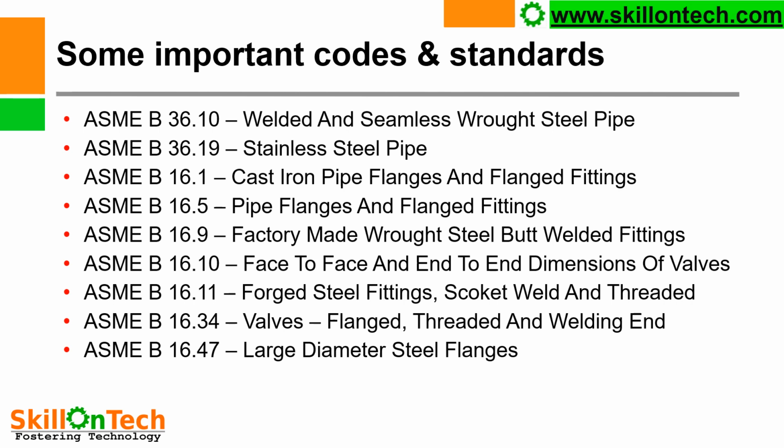ASME B16.10, face-to-face and end-to-end dimensions of valves. ASME B16.11, forged steel fittings, socket weld and threaded. ASME B16.34, valves flanged, threaded and welding ends. ASME B16.47, large diameter steel flanges.